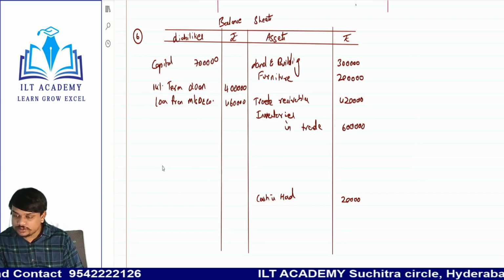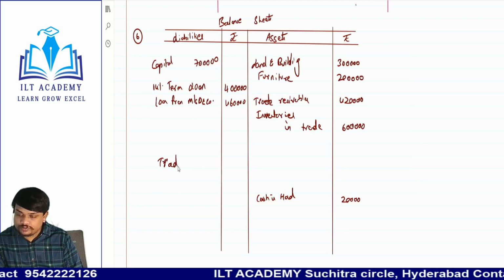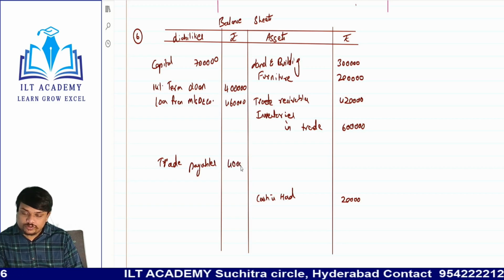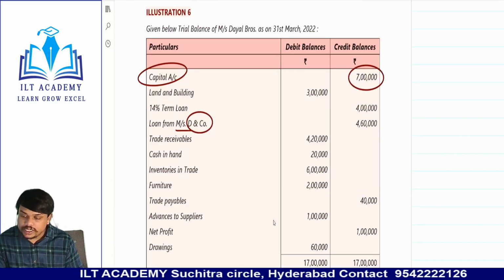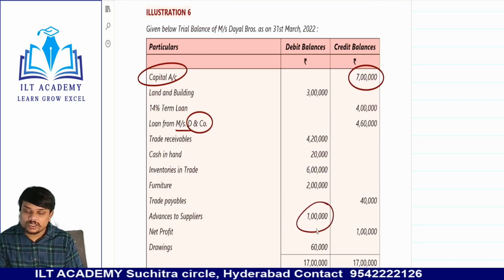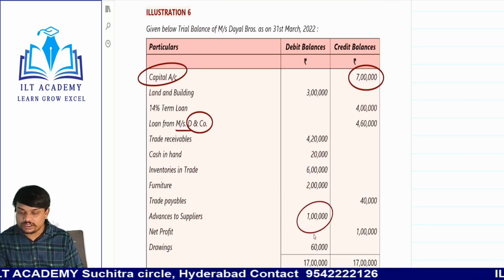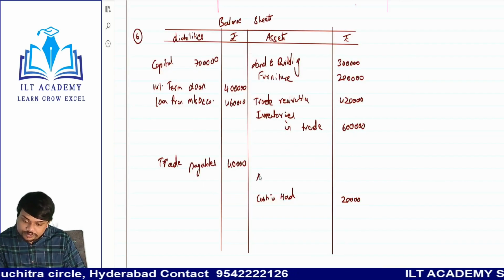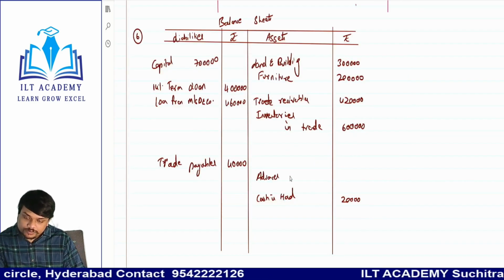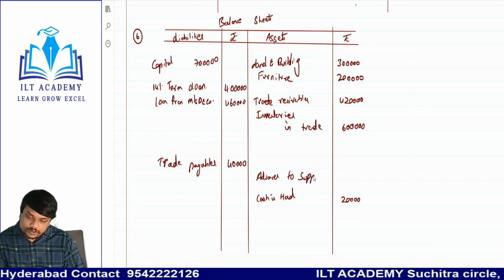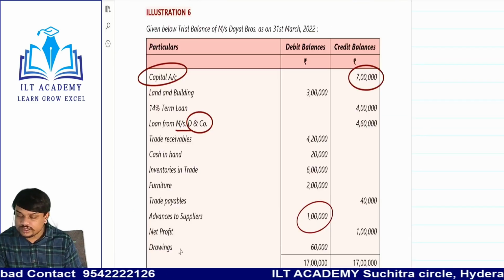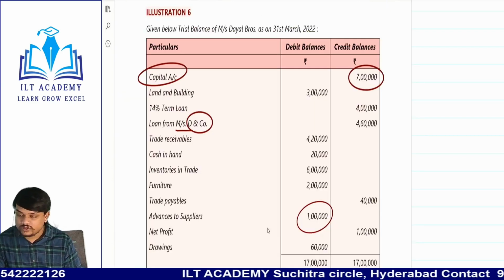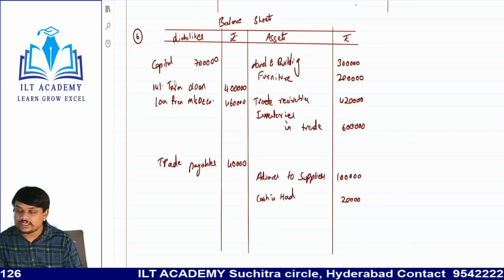Trade payables 40,000. Advance to suppliers 1 lakh. Next, net profit is 1 lakh.